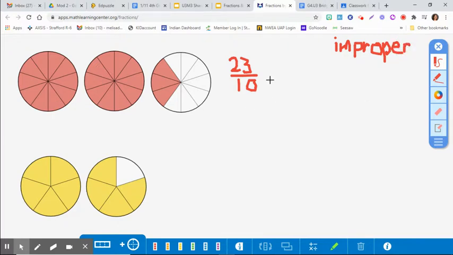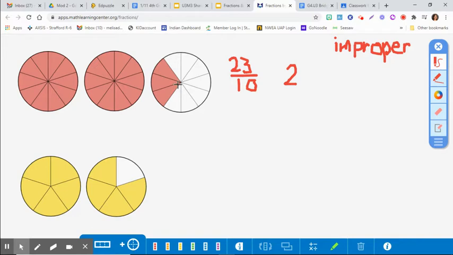Okay. Now, our other possible answer here has to do with how many whole numbers did we fill up? If we're thinking of this as pizza, for instance, and it takes 10 slices to make one whole pizza. Well, we've eaten one whole pizza if we've eaten everything that's been colored in. We've eaten 2 whole pizzas if we've eaten everything that's colored in. So we have a big 2 for that whole number. Then we look at this last one that isn't all eaten.